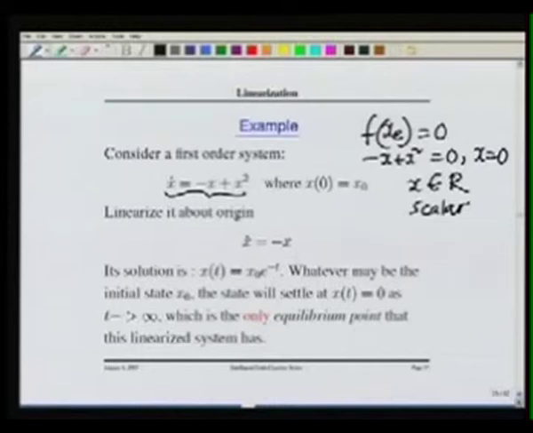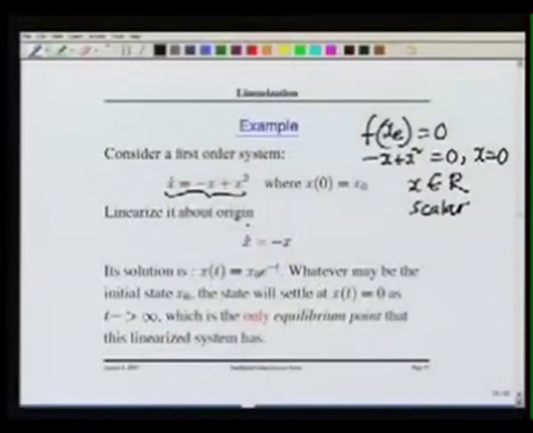So the origin, x equal to 0, is an equilibrium point. Linearize it about the origin, and you get x dot equal to minus x. Its solution is x(t) equal to x naught e to the power minus t. It is very simple, because this is a simple linear differential equation, x dot equal to minus x.